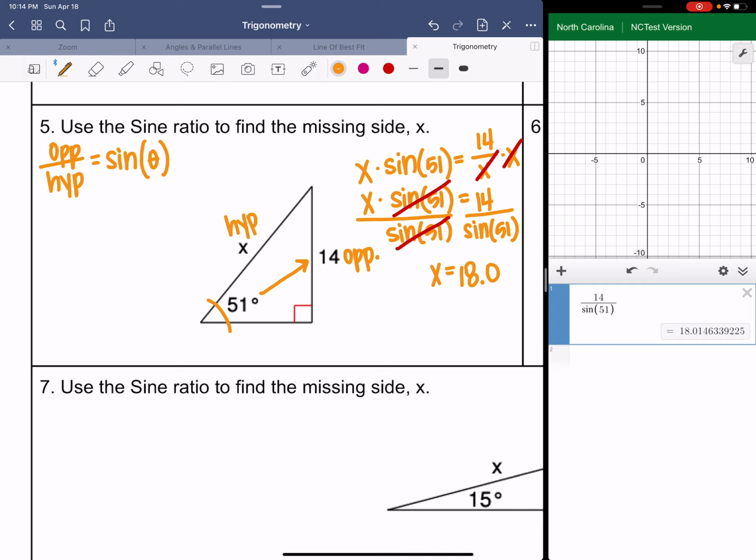Now as you're going through these, another thing to keep in mind is that the hypotenuse has to be the longest side of the triangle. So if this is 18.0, that's definitely longer than 14, so we're good. We don't necessarily know what that third side is, but as long as it looks like we have a hypotenuse that's the longest side, then that's just another way to check yourself.